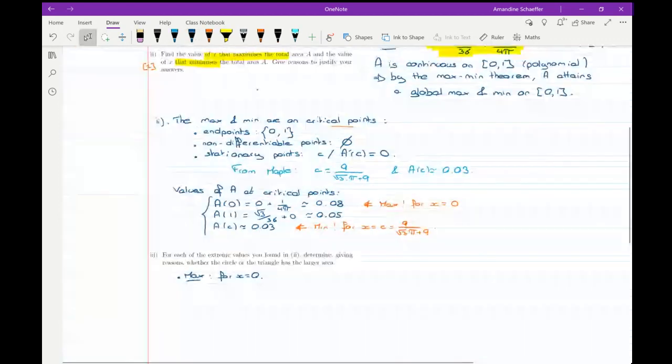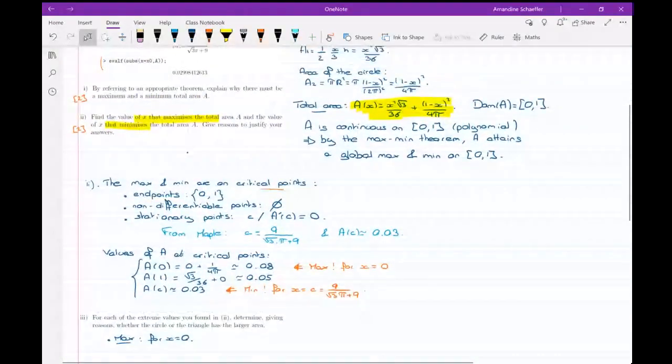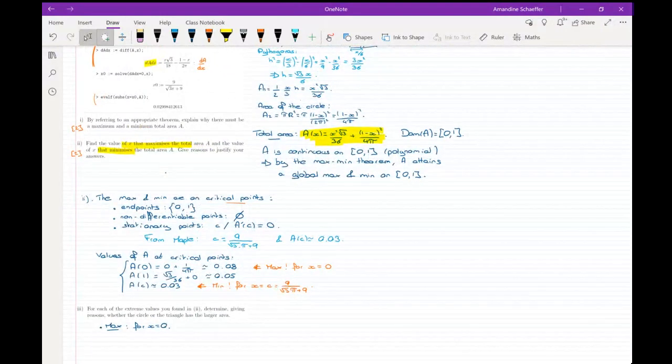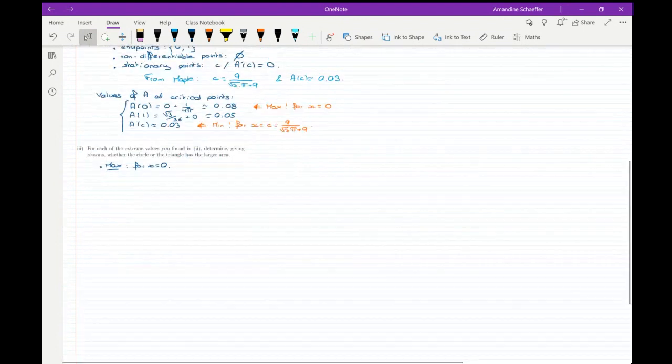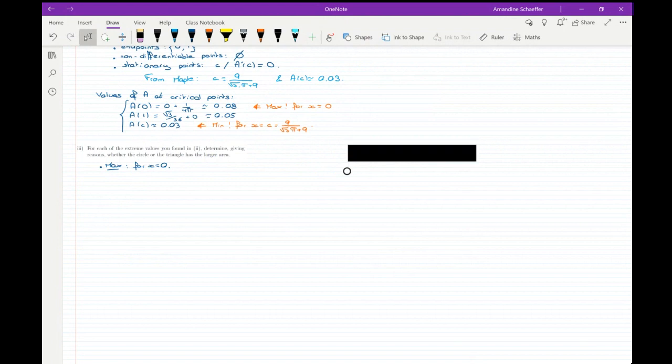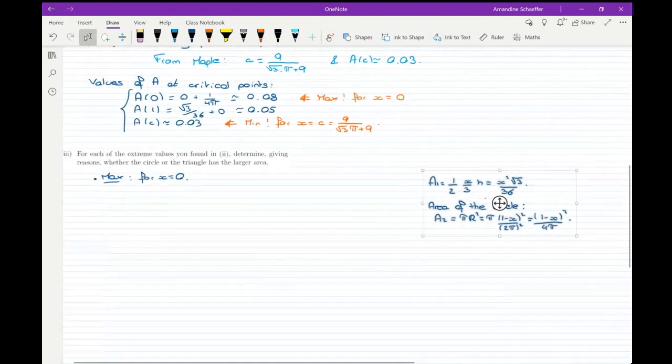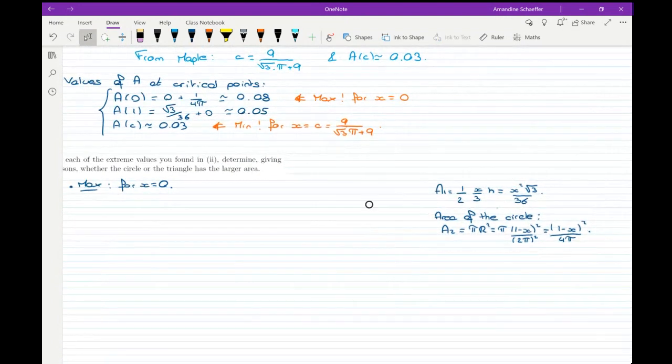So we actually need to go back up here. Oh, so it's going to be small. So area of the circle and area of the triangle. Okay, I'm just copying this here. That's what we had before. So the first one was the triangle.